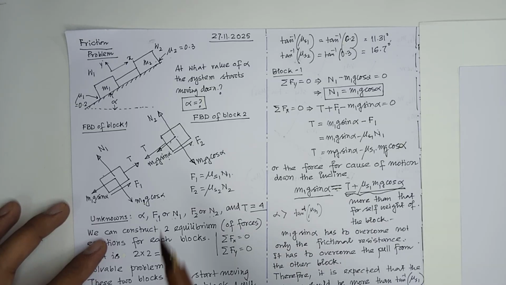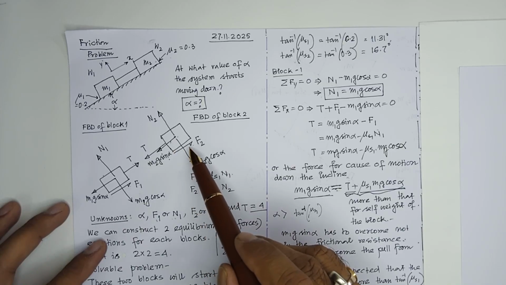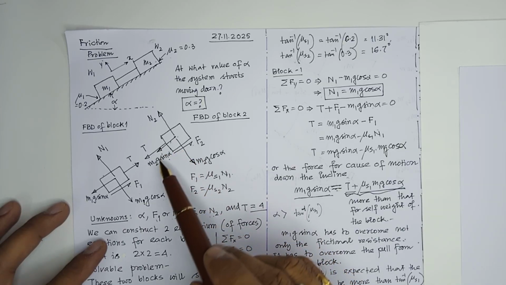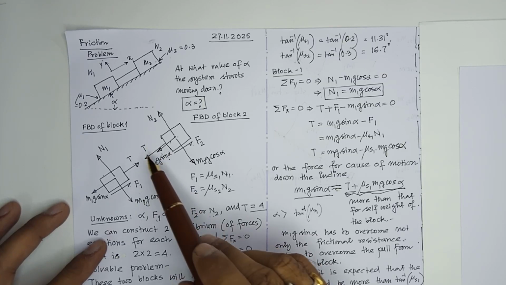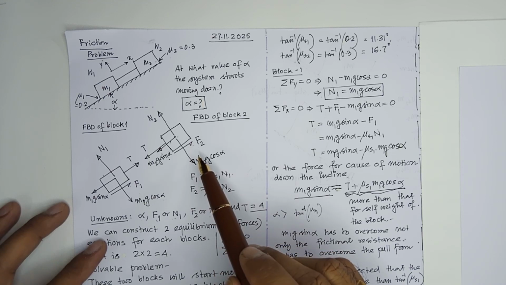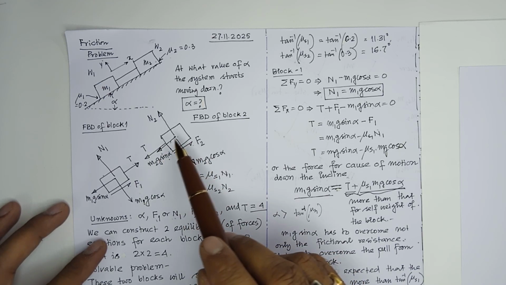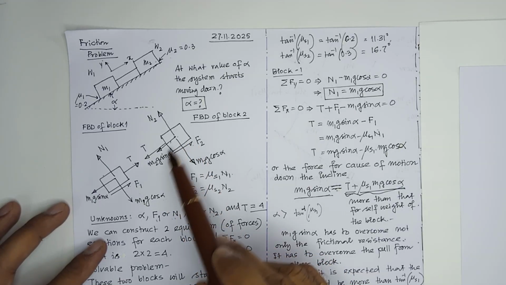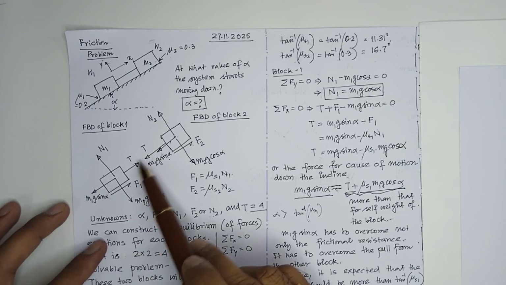Why? Because in this case, m2g sin alpha and T both are trying to overcome the frictional resistance. Therefore, for this m2, it will now be easier to overcome the frictional resistance, because along with the self weight m2g sin alpha, tension from block m1 is also helping it.